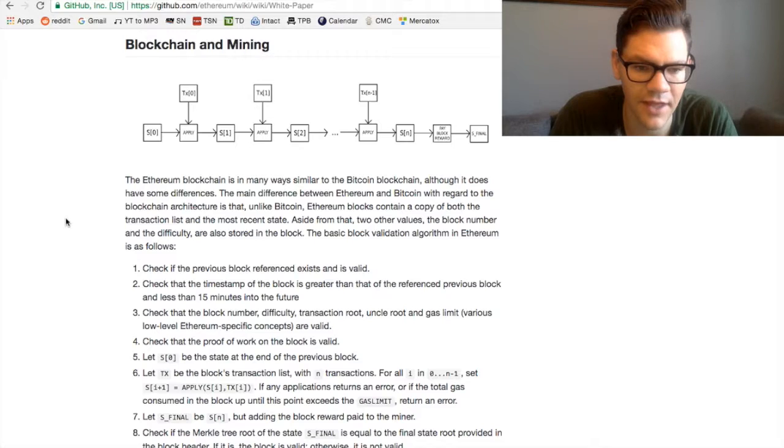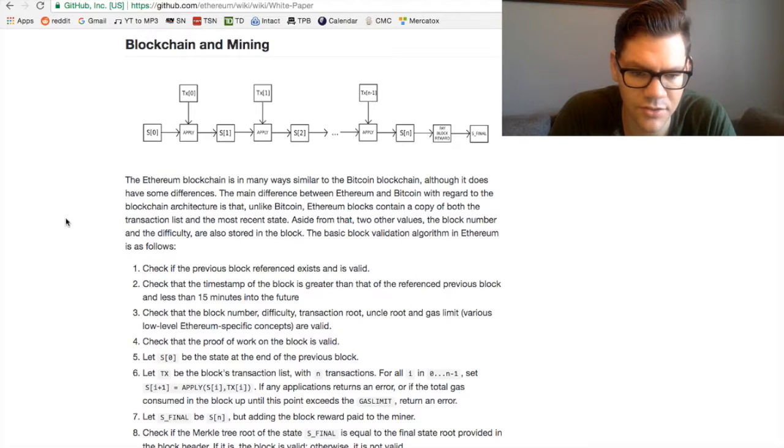5. Let S[0] be the state at the end of the previous block. 6. Let TX be the block's transaction list, with n transactions. If any application returns an error, or if the total gas consumed in the block up until this point exceeds the gas limit, return an error. 7.